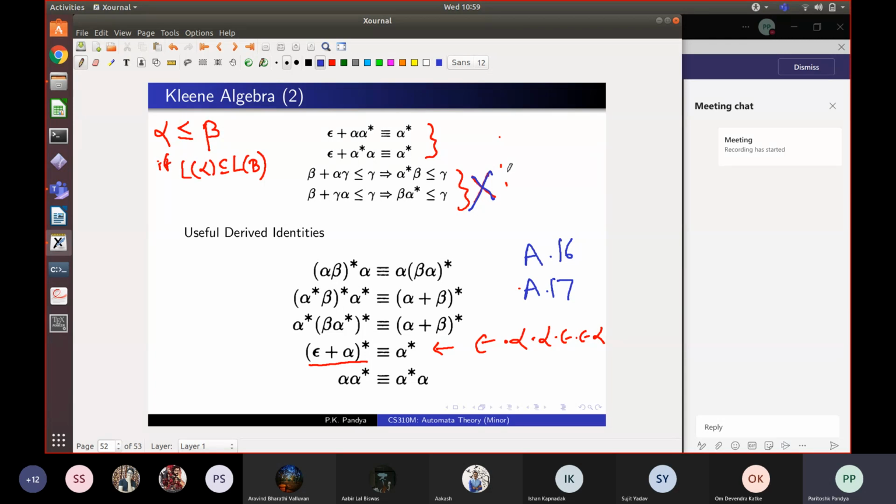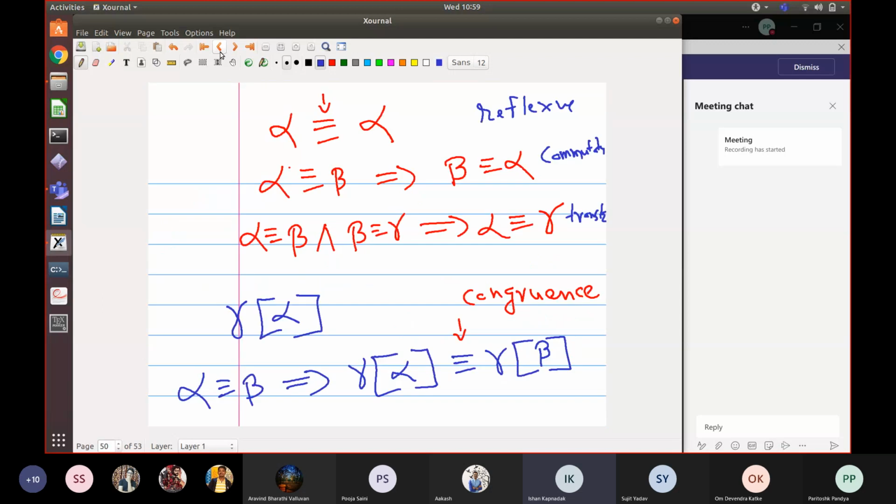Any questions? Sure. Regarding the congruence property, you said that if gamma is some regular expression containing alpha as a sub-expression, then you can replace alpha by beta.